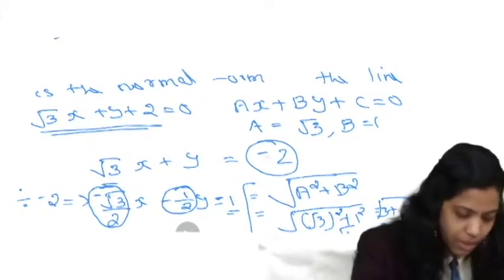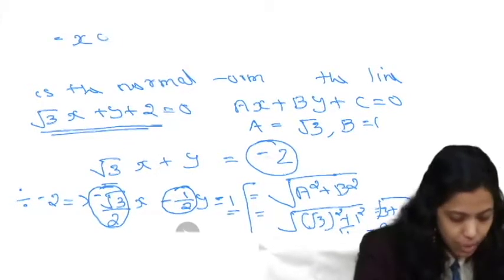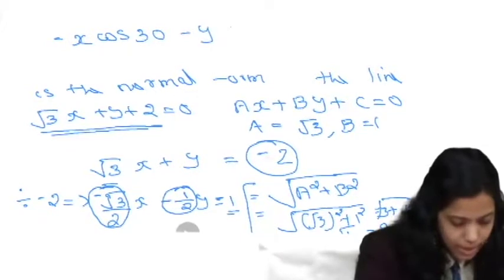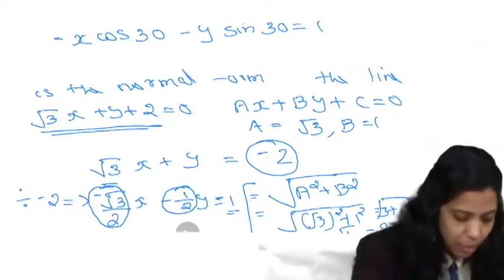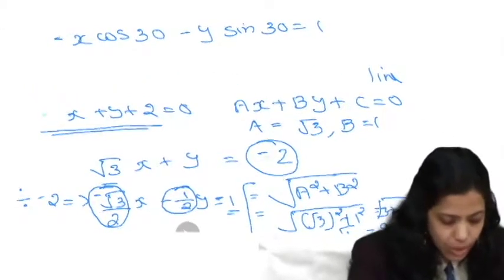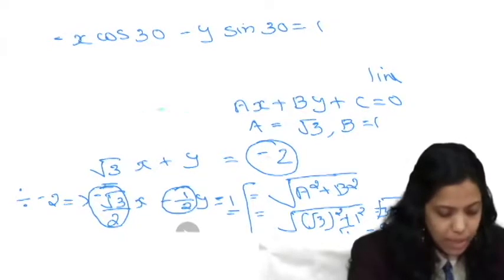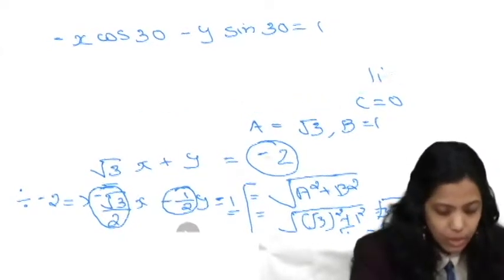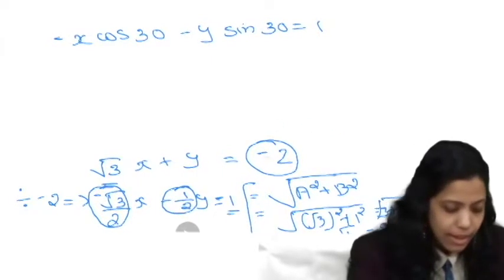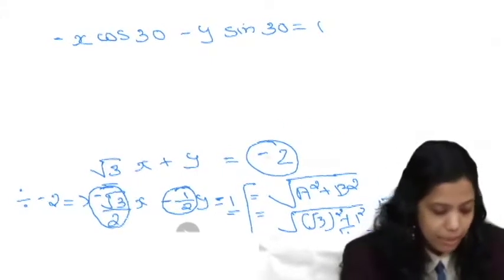So here it comes minus x cos 30 minus y sin 30 equals 1. But again the problem here: our equation is x cos theta plus y sin theta equal to p. But here it comes the negative sign. Again that negative has to be eliminated.